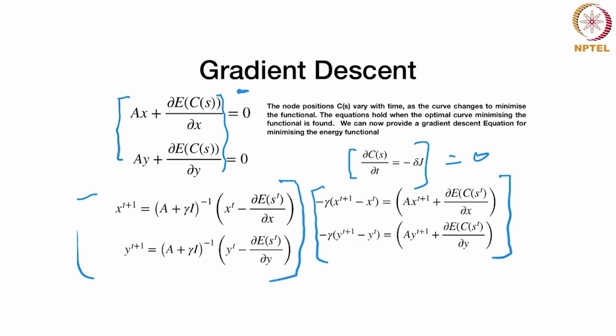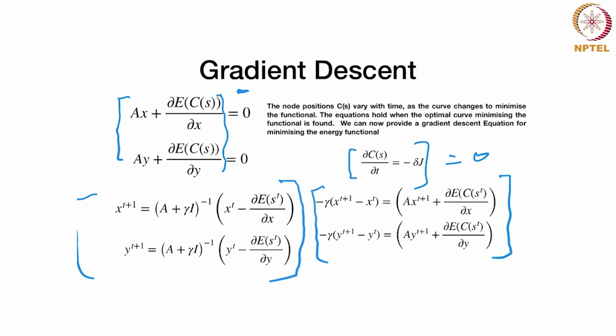There is a small confusion here as to why I put x of t plus 1 here, but I put t there. This is called a semi-implicit formulation. The way to look at it is you move the curve based on the gradient equation at the current time step, and once you move it, then you regularize it.